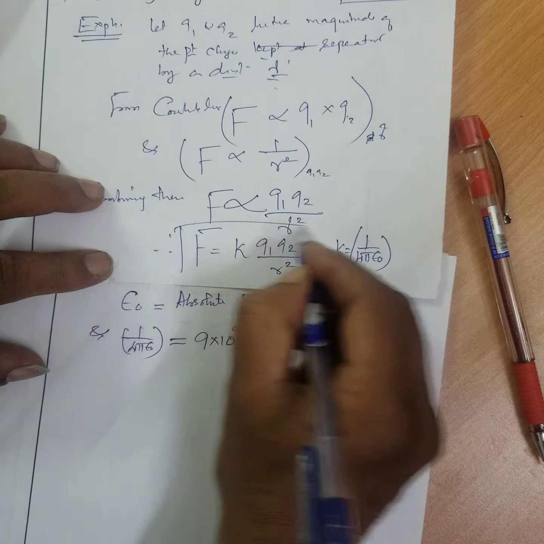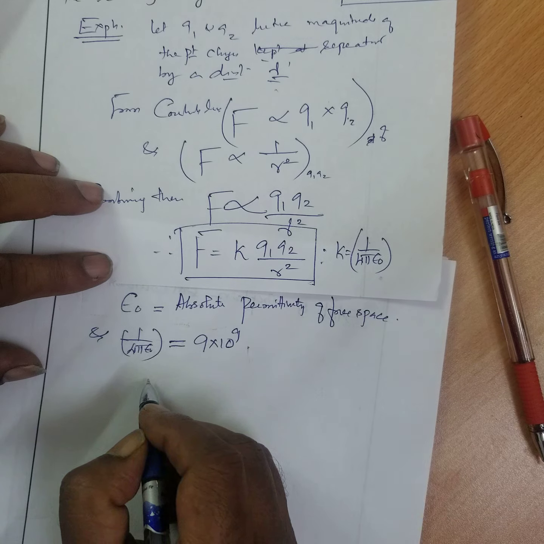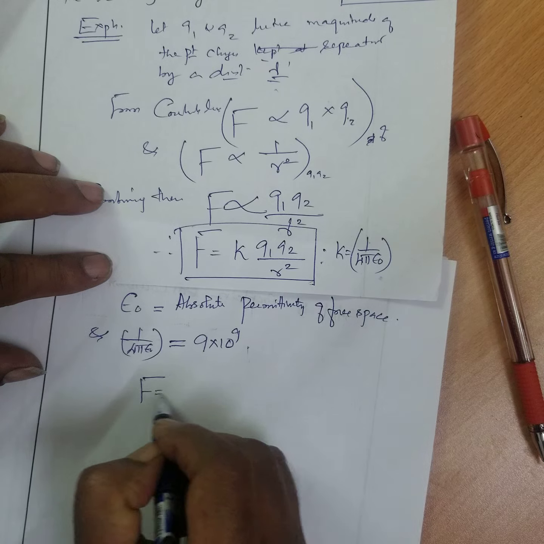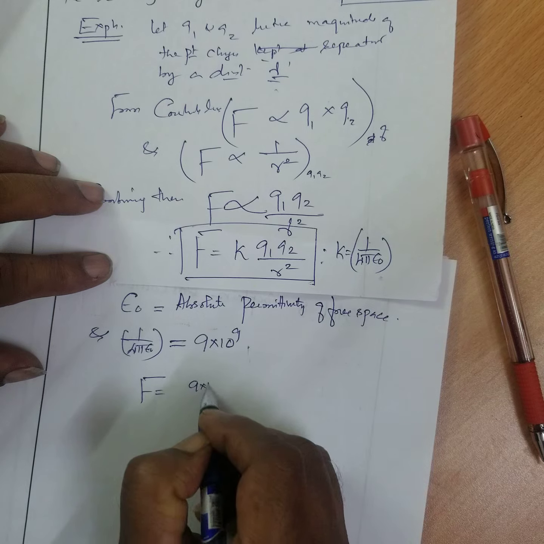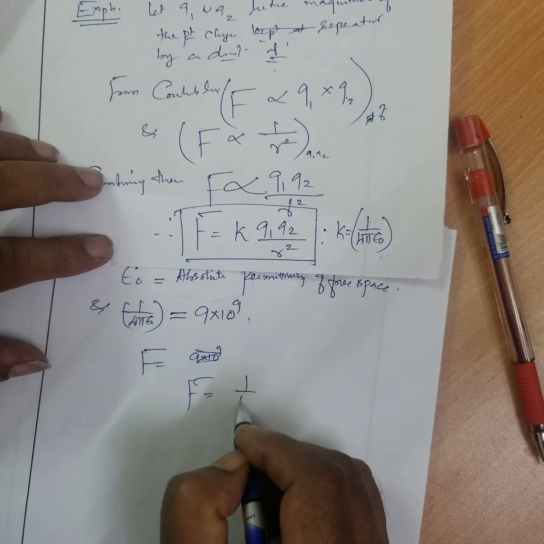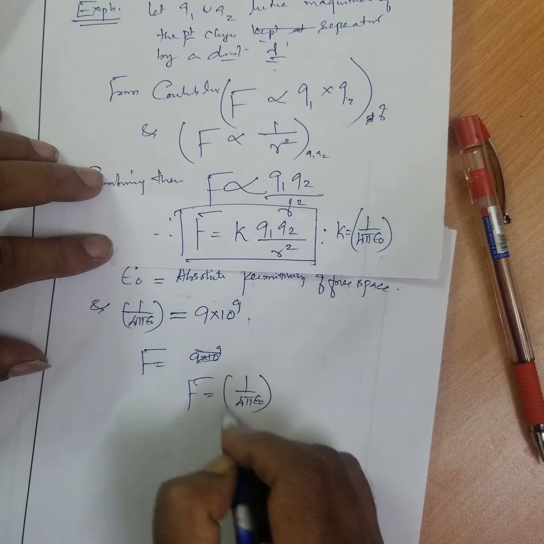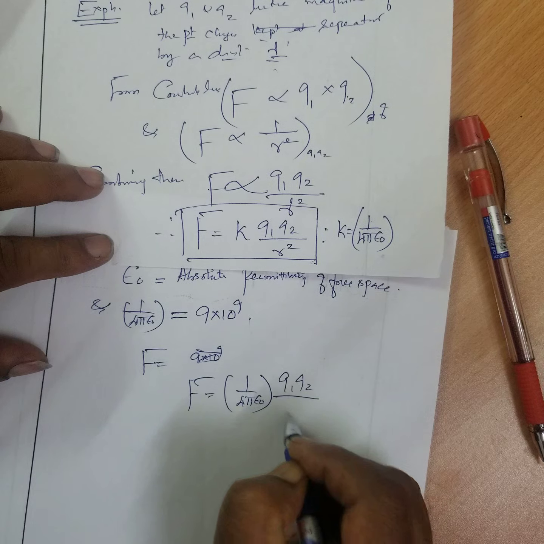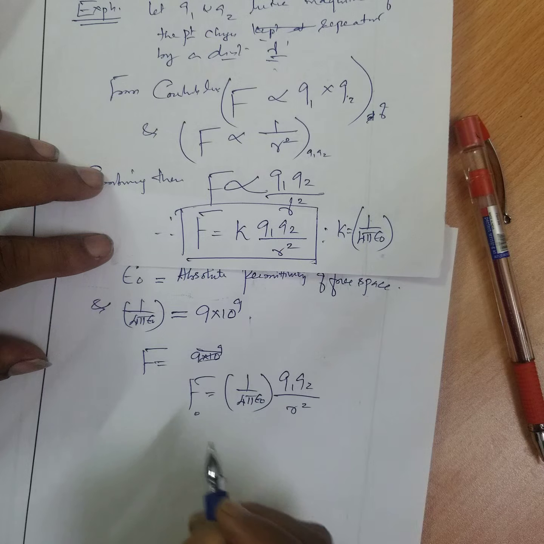Therefore, F is equal to 9 into 10 to the power of 9, or F is equal to 1 by 4 pi epsilon naught Q1 Q2 by r square. This is in vacuum.